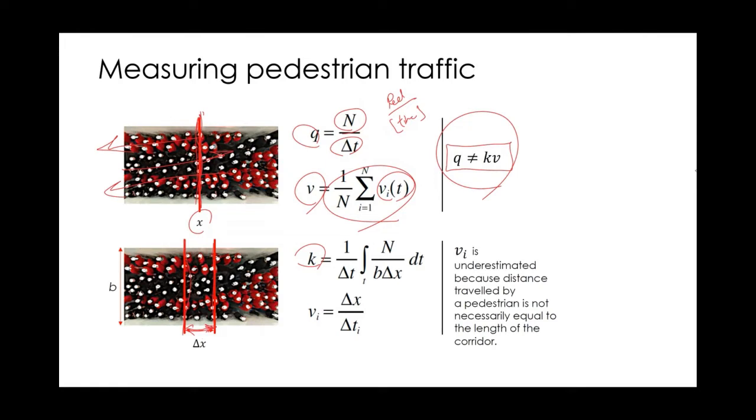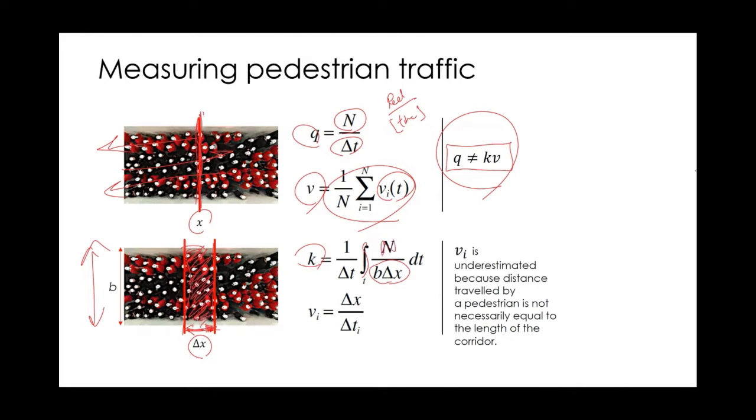It's an easy way of calculating densities, which is if we take the integral of the number of pedestrians that actually pass through this area over time. So you see B multiplied by delta X is actually the area. So this is delta X, this is B. So that gives me the area of this rectangle.